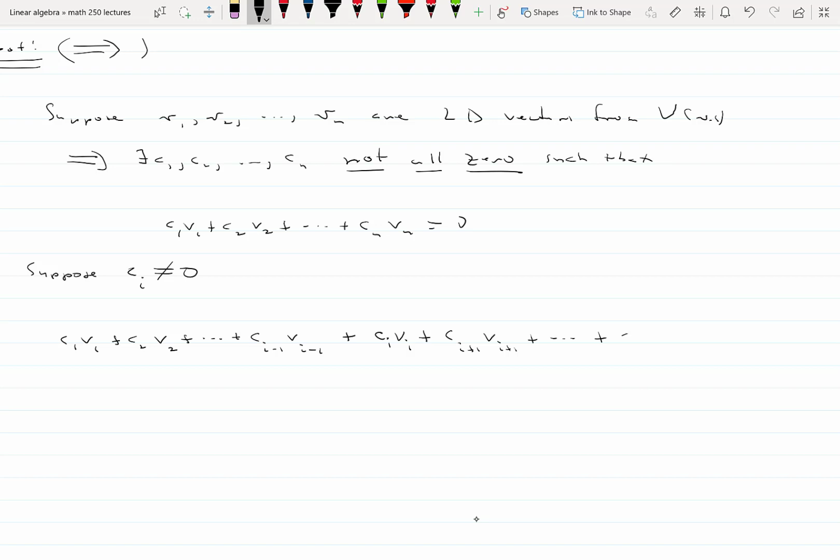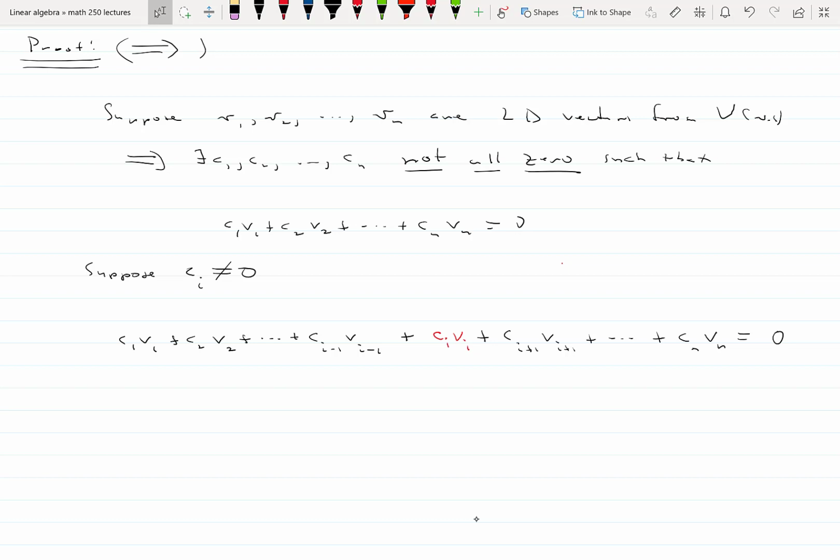So it's the same equation. I'm just writing it out and isolating c sub I, v sub I, so we can really see that.